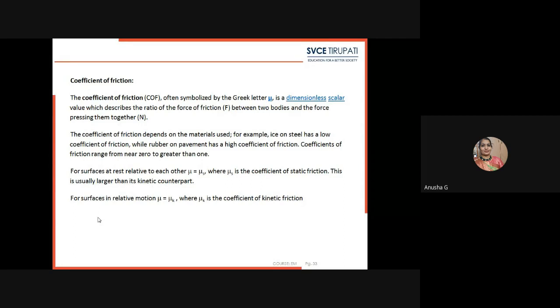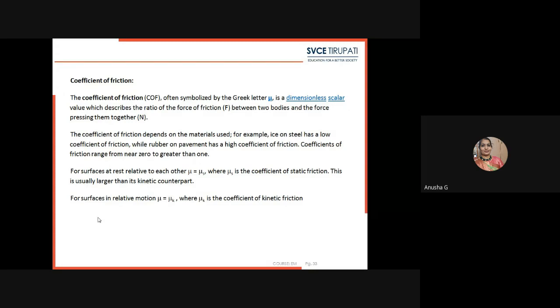While rubber on the pavement, that means while we are driving on the road, our vehicle has wheels, and those wheels are made of rubber. For rubber vehicles moving on the ground, there will be a high coefficient of friction. The coefficient of friction changes depending upon the material. Here, it also depends on whether we are moving in the lateral direction or longitudinal direction. It depends upon the material and then upon the direction.